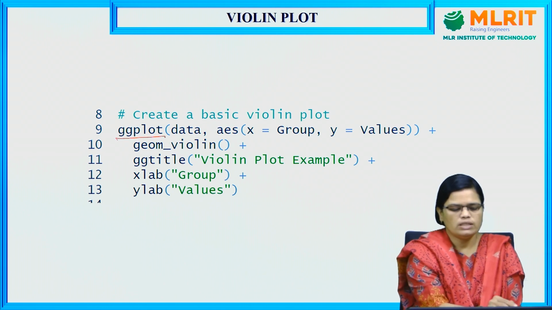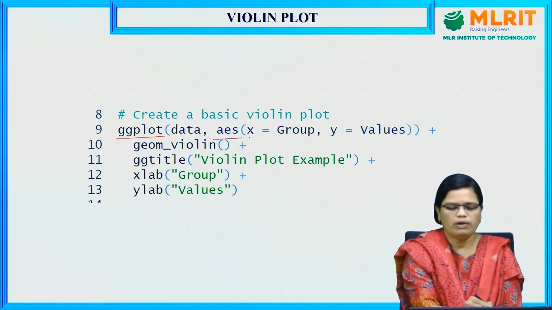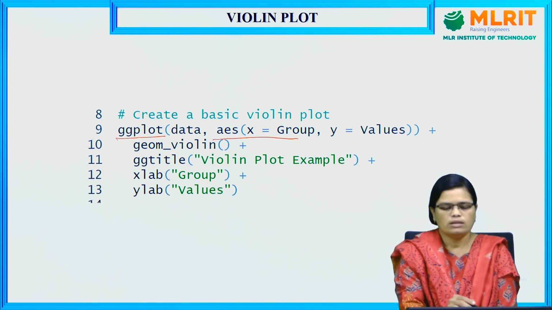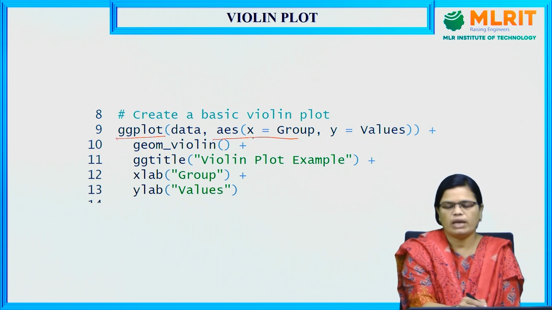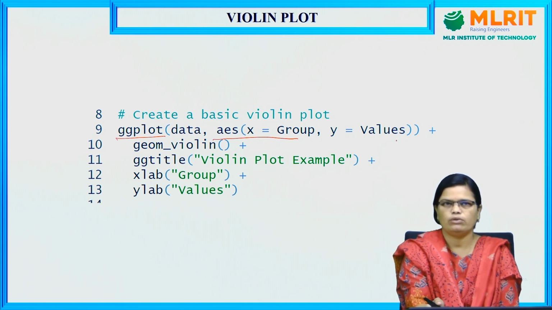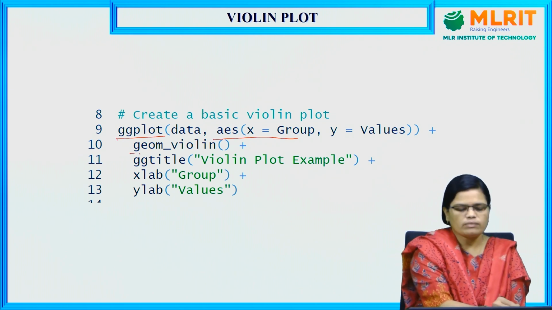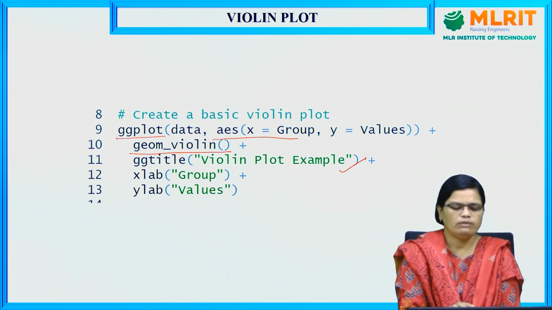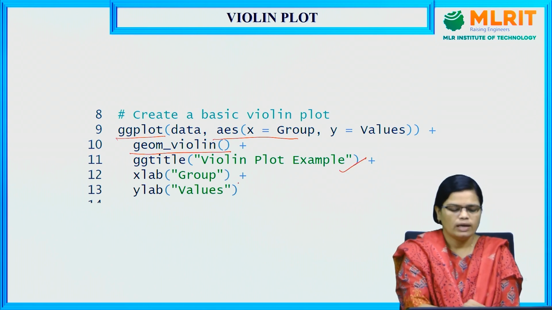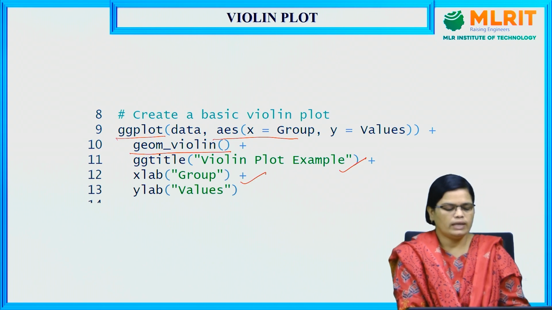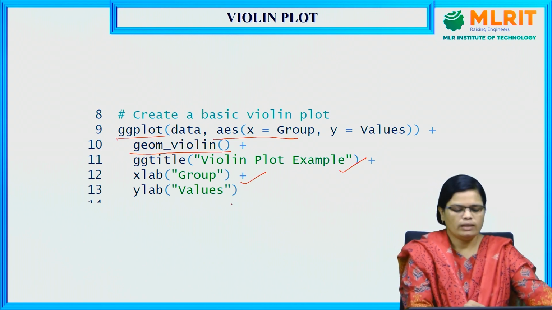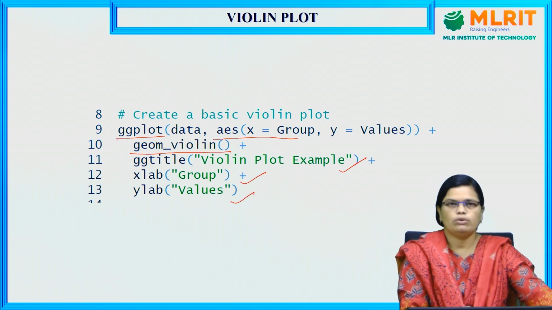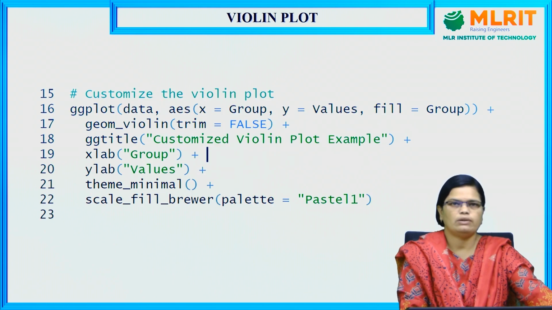So the ggplot function, and we are defining the aesthetics here: x equal to group and y equal to values, and we call the geom_violin function. The title we give using ggtitle, the x label using xlab, and the y label using ylab. For the x label, groups are assigned, for the y label, values got assigned.